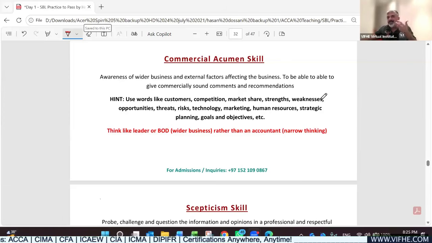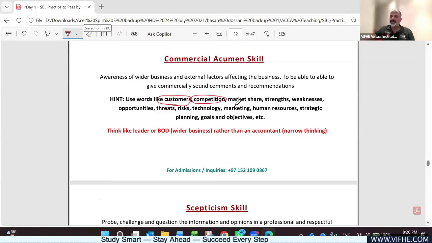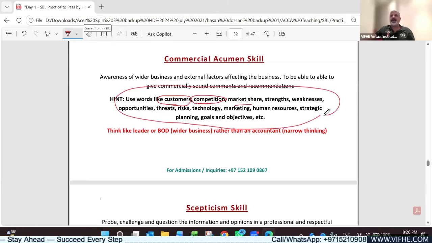So now how do we demonstrate this skill in the exams? Nothing extra needs to be done. It depends on the requirement. When you talk about customers, competition, market share, strength, weakness, IT, HR, marketing, all these topics are non-finance topics, right? So if you're able to give these reasons, automatically you will get commercial acumen.